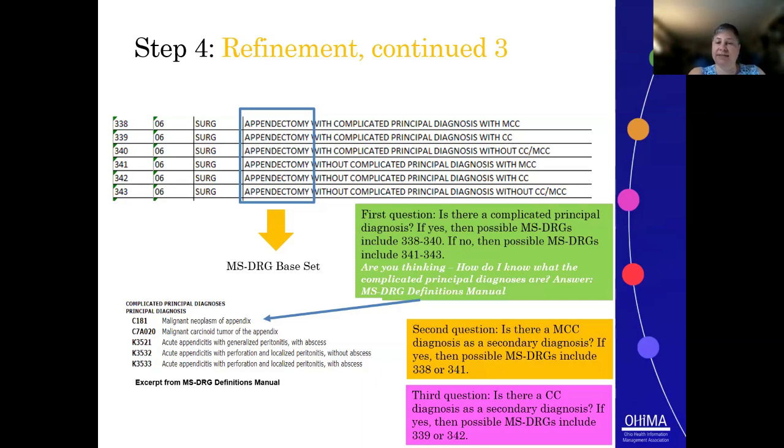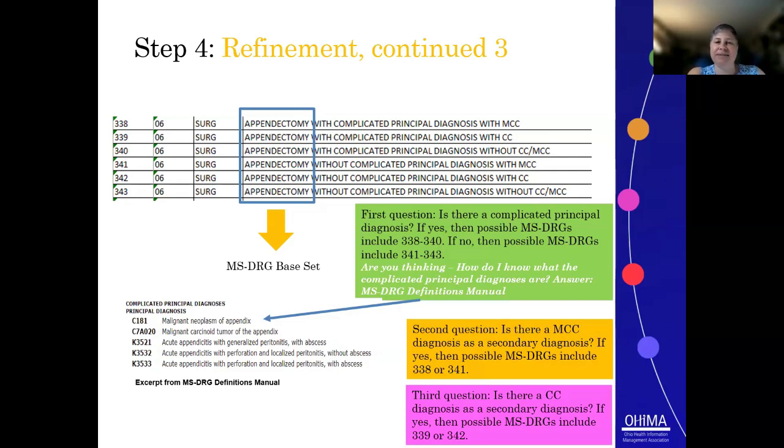You can see from the excerpt from the MS-DRG definitions manual that K35.21 is a complicated diagnosis. So we're going to go from 6 DRGs to 3 MS-DRGs. Now we can consider 338 through 340 because we know we have a complicated principal diagnosis. Let's say our patient has both an MCC and a CC.